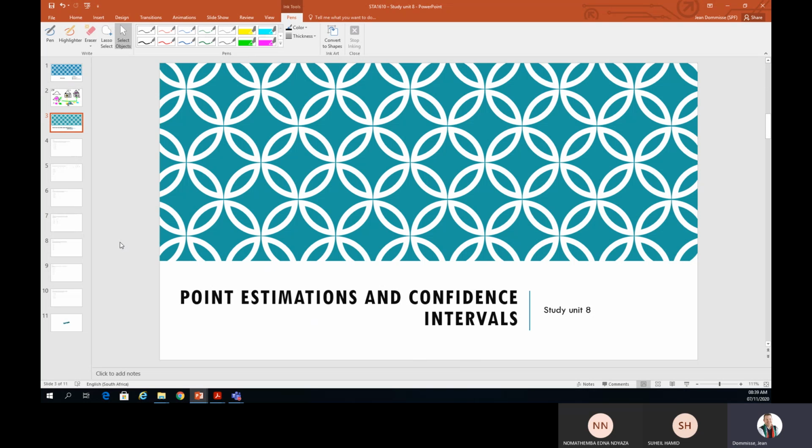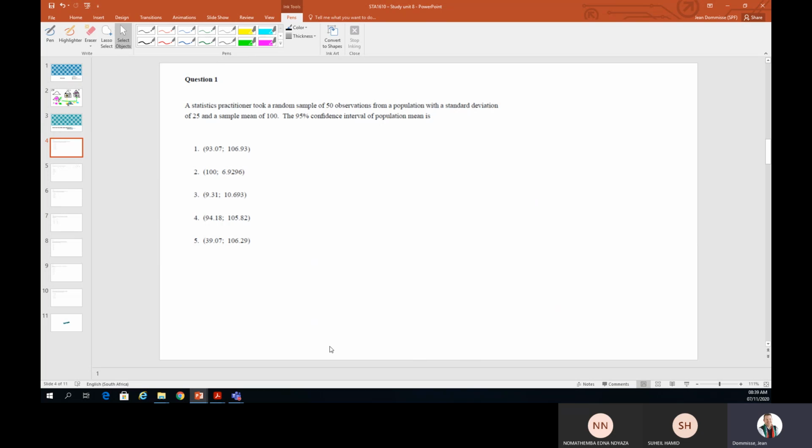Study unit 8 has a lot to do with confidence intervals, and I think what we need to know and remember about confidence intervals, and I think it was in the message that the lecturer also sent through, is this.